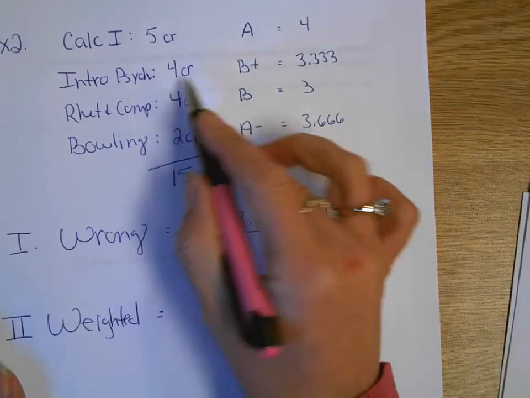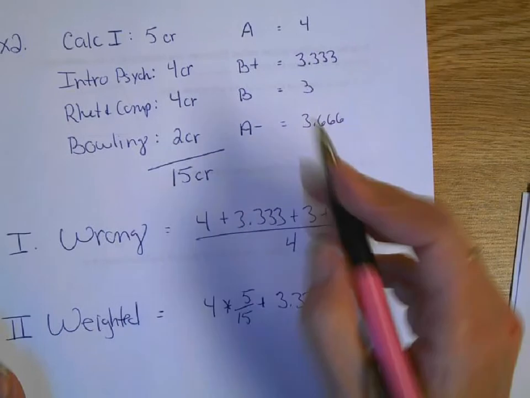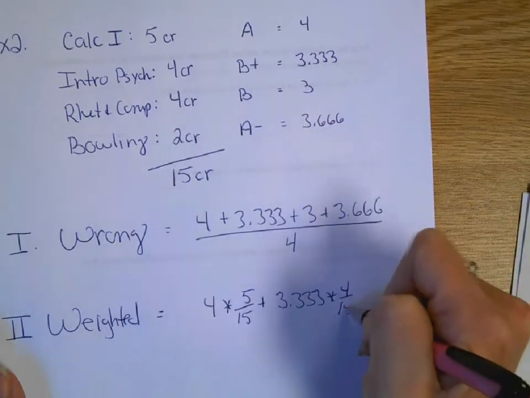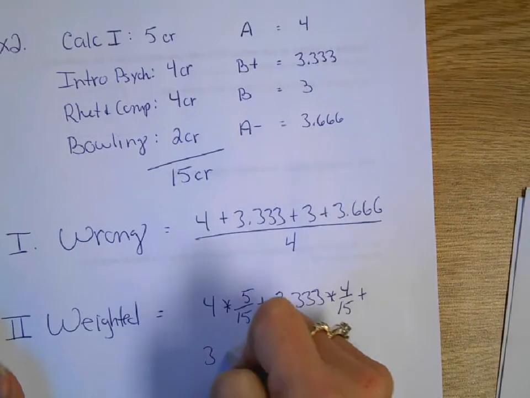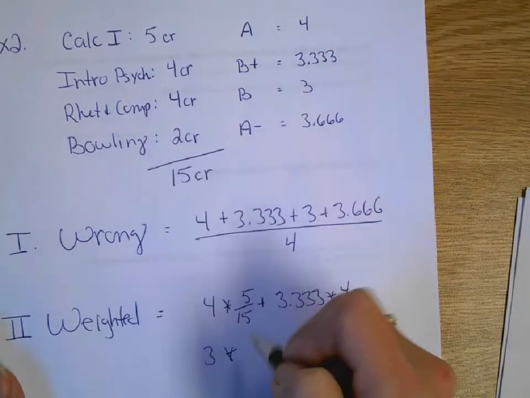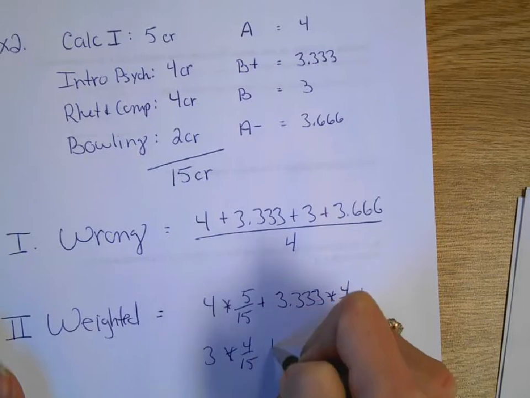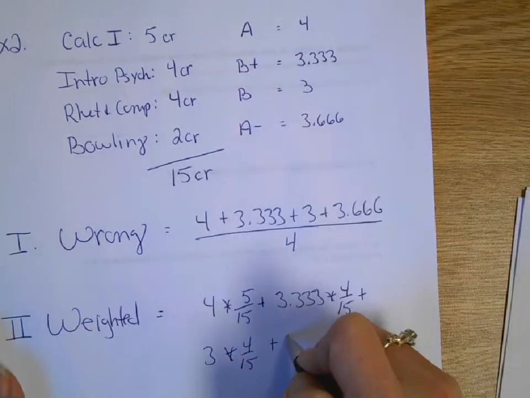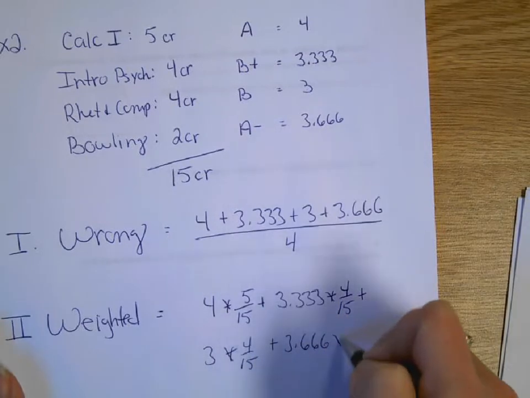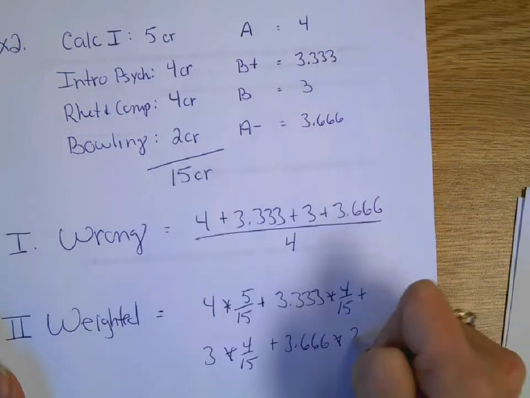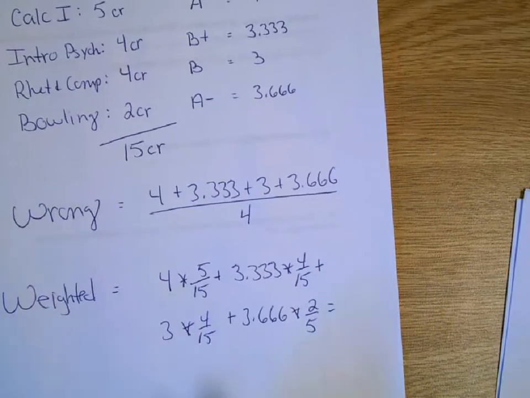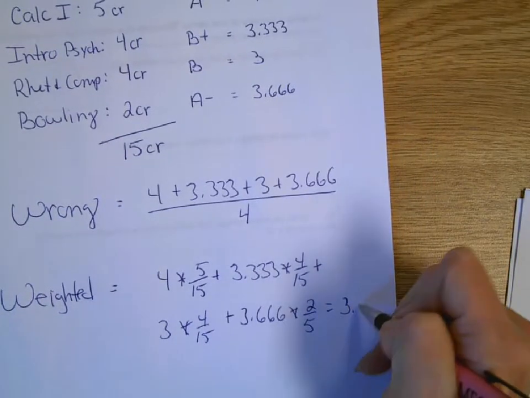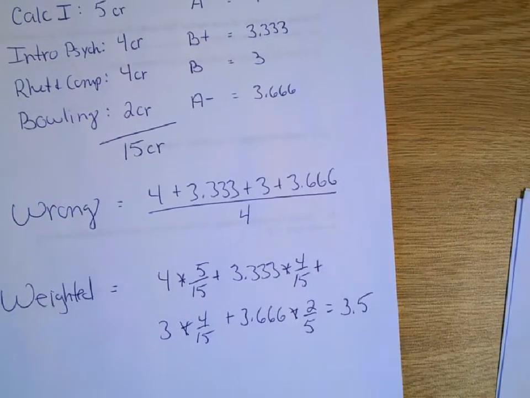And its weight was 4 out of 15. And you keep going. The 3.0 B was 4 out of the 15 credits. And then the 3.66, 2 out of 15. And if you type that all in correctly, you come up with a 3.5 GPA for the semester.